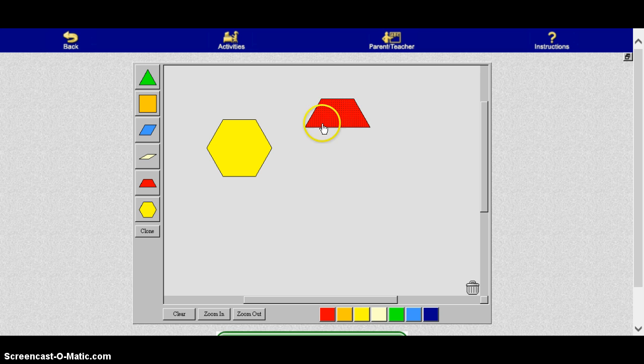So let's say that I have a trapezoid and another trapezoid. How can I make these two shapes look the same? Take a look at it and think about it.